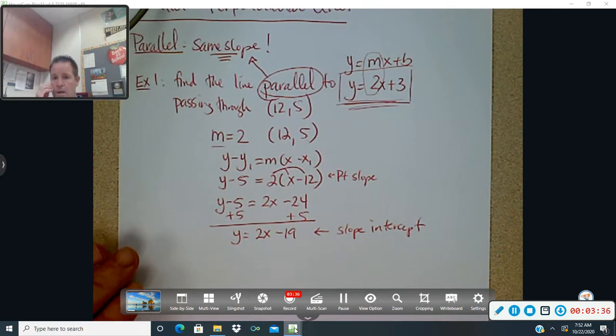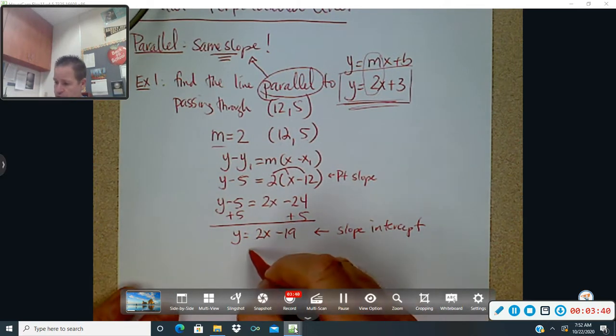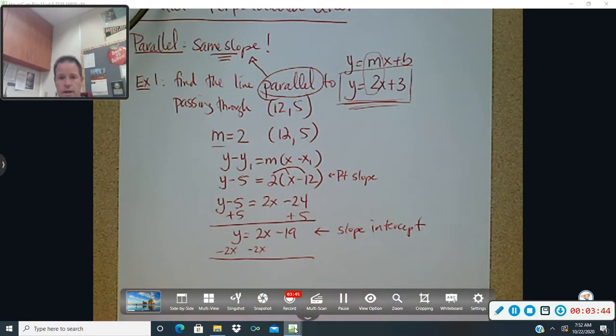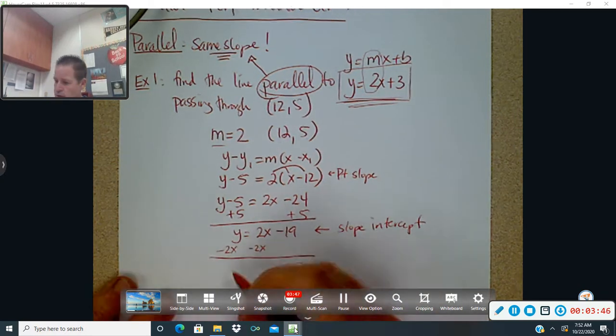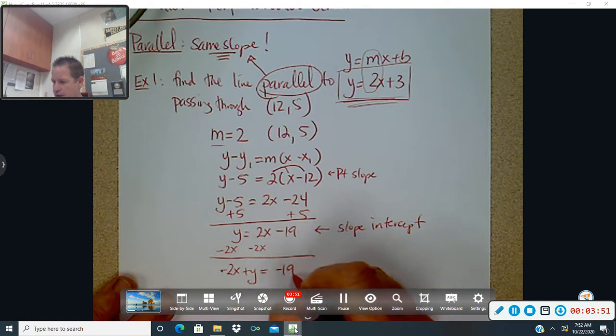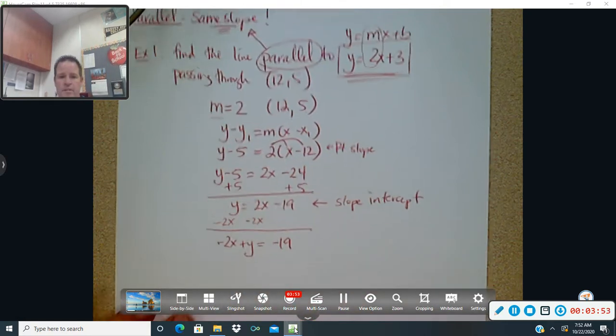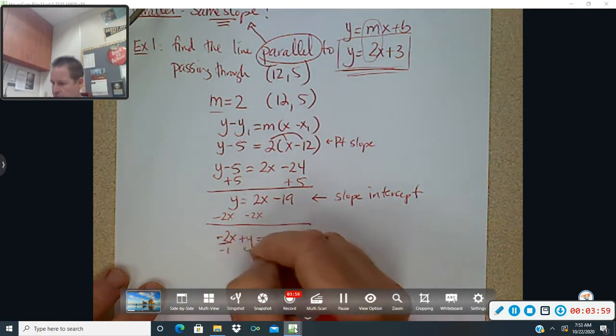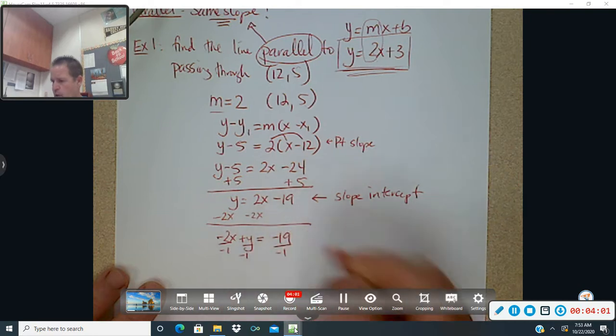Now, if I want standard form, I move the 2x to the other side. These are all the forms you were working on in class this last week. So you have negative 2x plus y equals negative 19. But remember, with standard form, you don't want any negatives in front of x or any fractions. So we can just divide everything by negative 1.